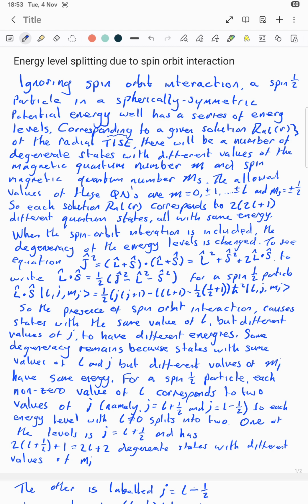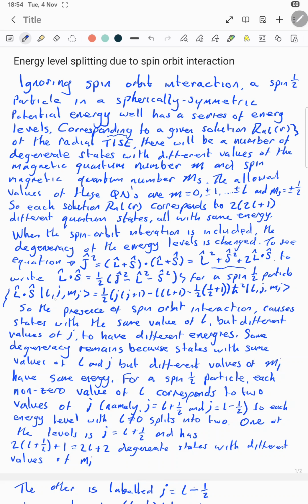But when the spin-orbit interaction is included, the degeneracy of energy levels is changed. To see this, we have an equation here where we're including our spin-orbit interaction, and we end up with this term here, which we can write as this.